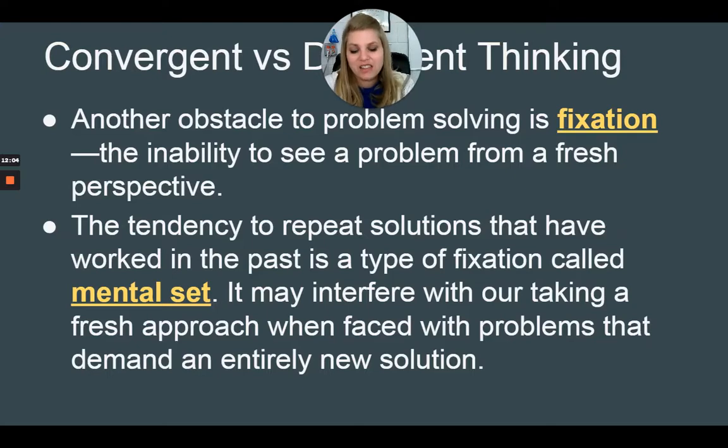In fixation, this is where I can't solve my problem, and I'm really, really stuck, and I need a fresh perspective. If you've ever lost something in your house, and you swear up and down that you looked in every single room, and then finally you break down and ask your mom or dad to help you find something, and boom, as though there's some kind of parenting magic, they knew exactly where it was.